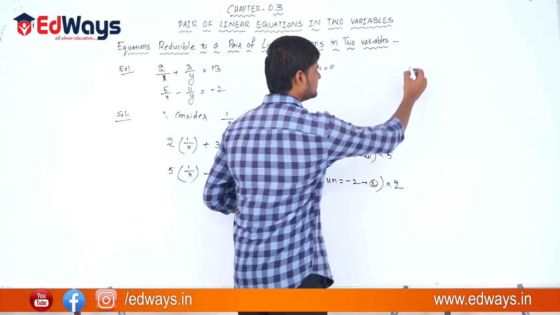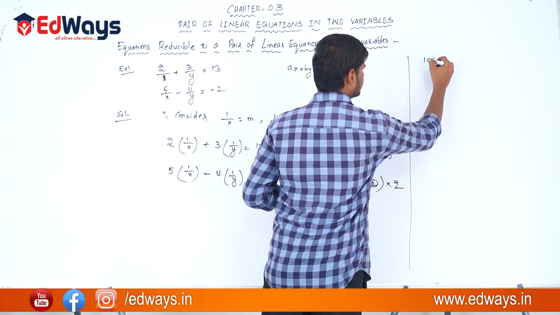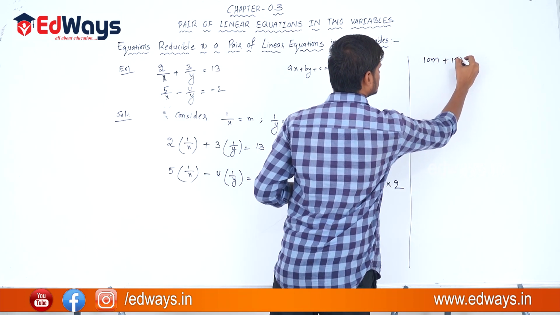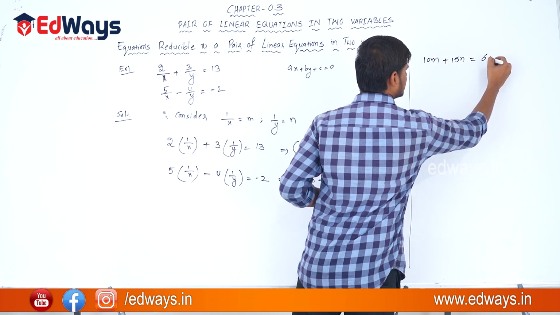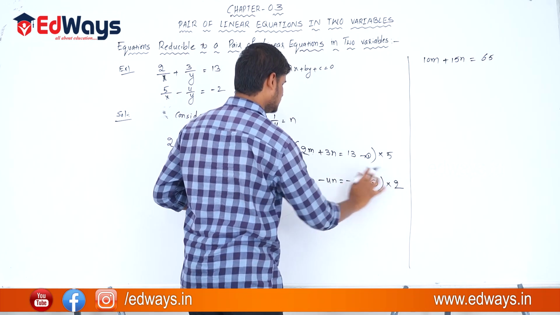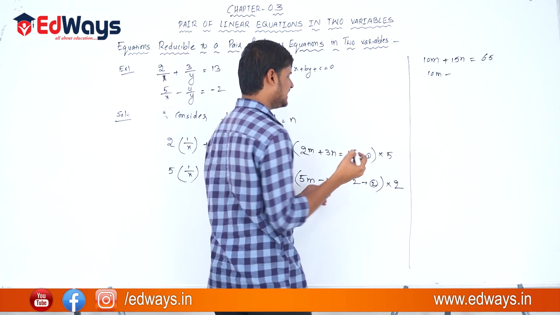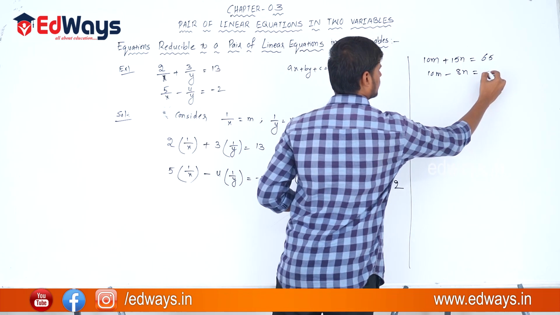So now the first equation becomes, let me write here. 10m, 5 into 2, 10m plus 15n is equal to 13 into 5, that is 65. And then here it is 10m minus 8n is equal to minus 4. Right?